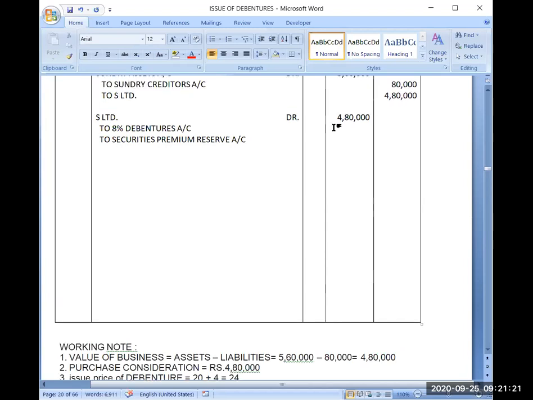So debentures amount I will be writing here 4 lakh, and premium amount will be 80,000. I hope issue of debentures for consideration other than cash is now clear to all of you.